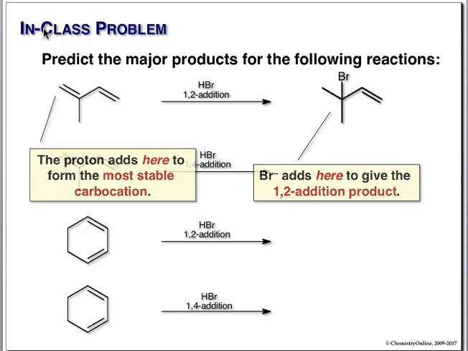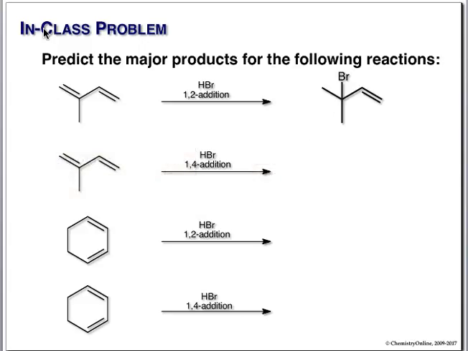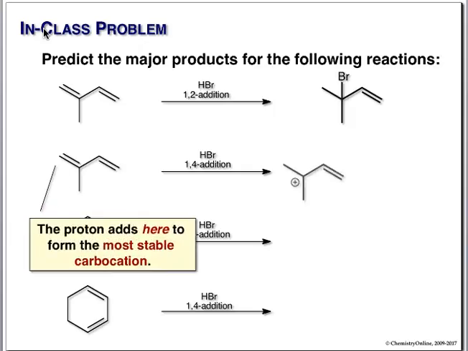All right, our next one, same compound. Let's do a 1,4 addition. In the 1,4 addition, we're going to do exactly the same first step, aren't we? We're going to add the proton so that we form the most stable carbocation. Once again, going to add here and form this carbocation.